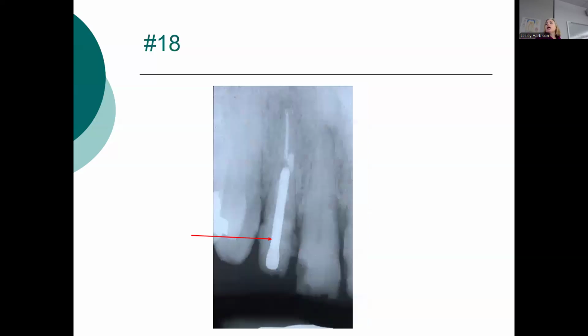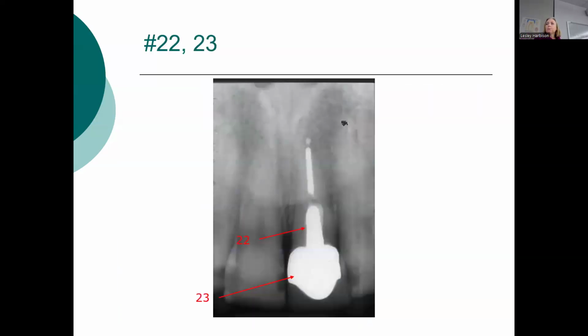Okay, I'll make sure I upload the other file that has all the answers. Let me switch out of this and pull up the dental materials, and then we can go over it.